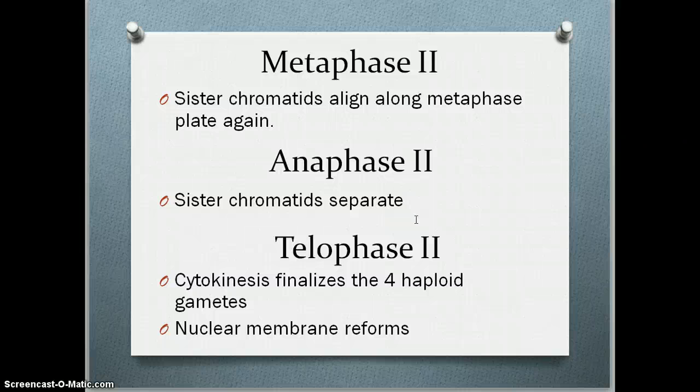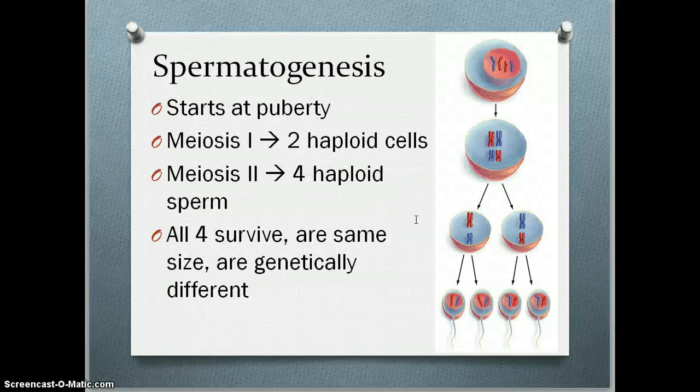Meiosis is going to differ a little bit between males and females. In males, we have the process called spermatogenesis, making sperm. This is going to start at puberty. At the end of meiosis 1, you'll have 2 haploid cells. At the end of meiosis 2, you'll have 4 haploid sperm.